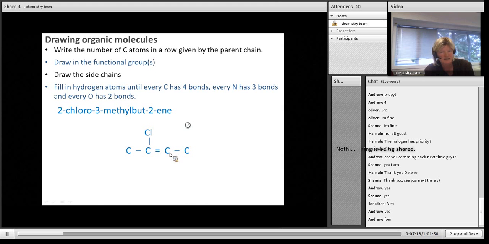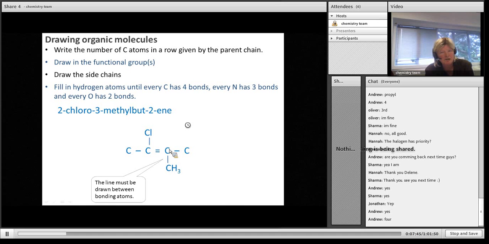and now we put the methyl in. Now, really important, this comes up always in the examiner's report, and particularly for merit and excellence. I don't know how strict they are on achieved. I don't think they are particularly strict, but certainly for merit and excellence, that bonding line tells you which atoms are bonded. So make sure that that line is between this carbon of the methyl group and the carbon of the parent chain.